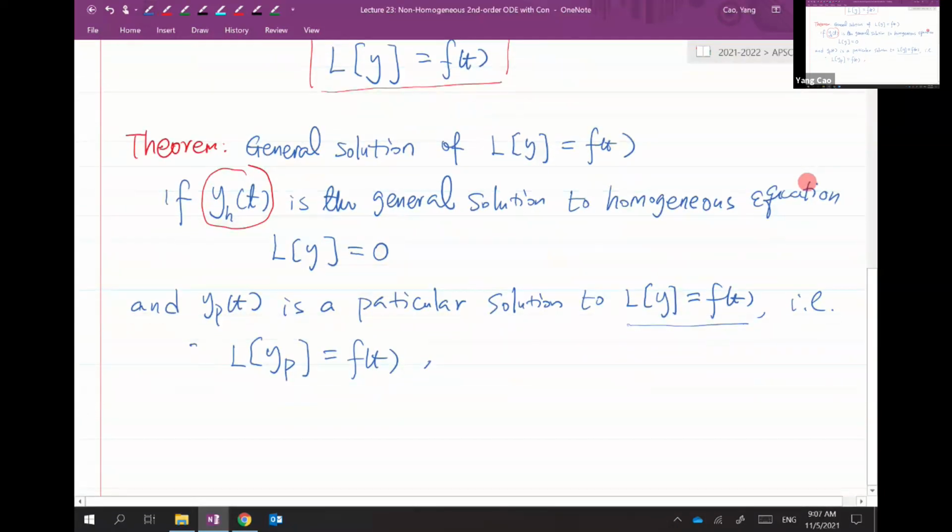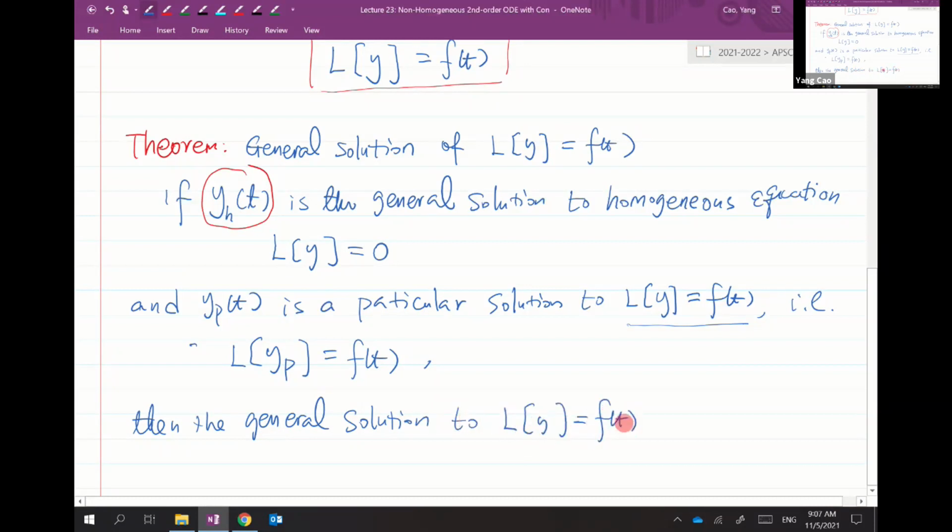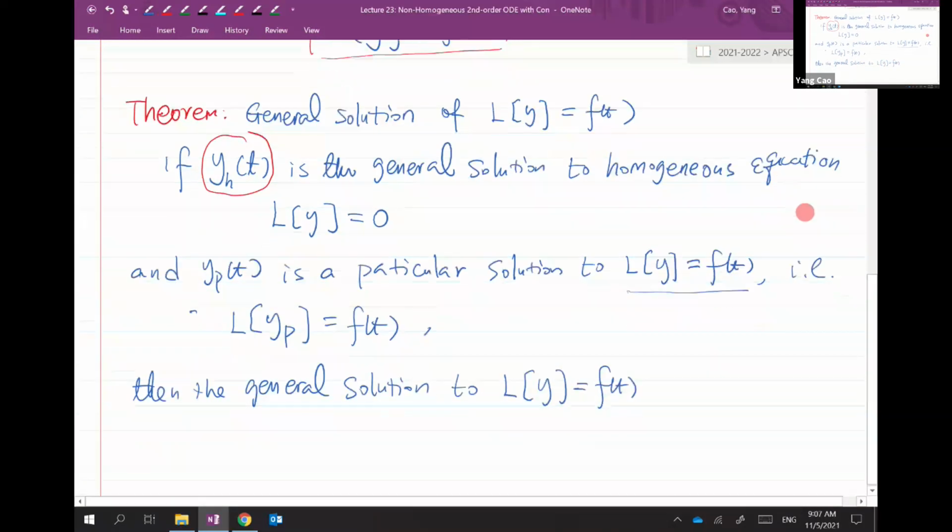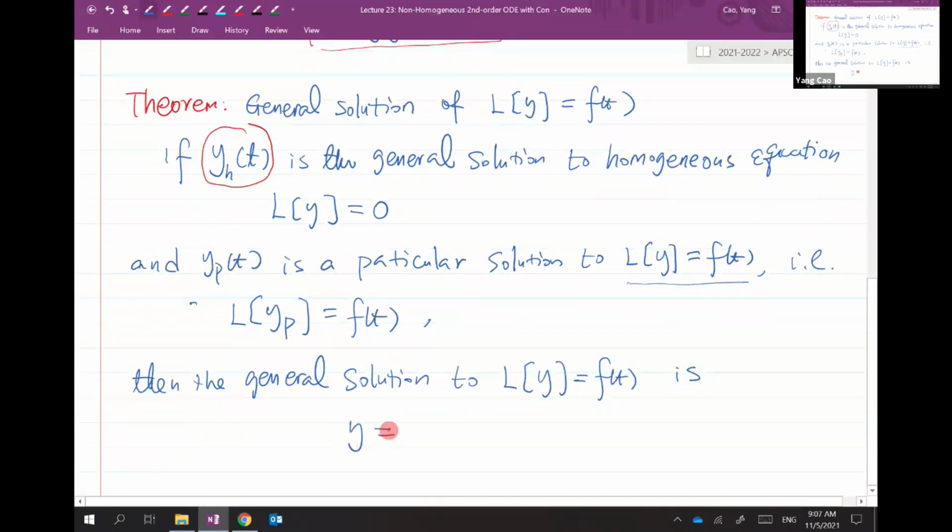All right, so if we have these two pieces of information, a homogeneous general solution and a particular solution, then the general solution to Ly equal to f of t, which is what we're looking for, is y of t equal to yp of t plus yh of t.